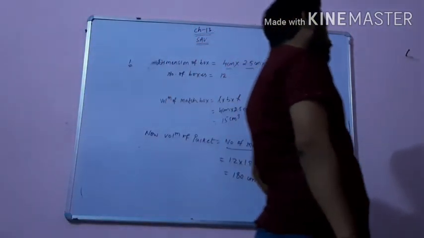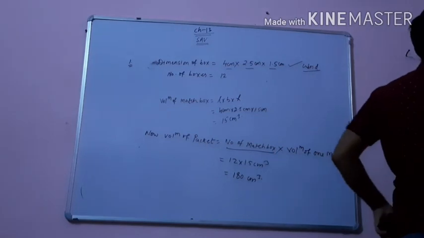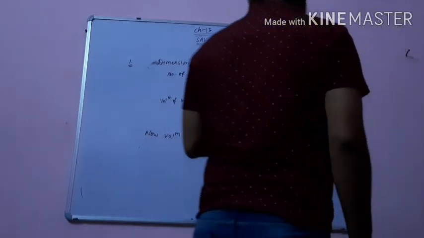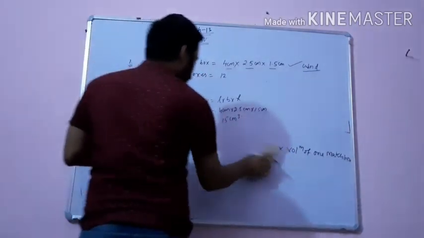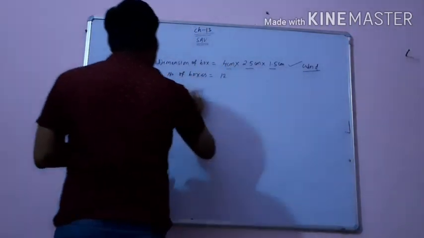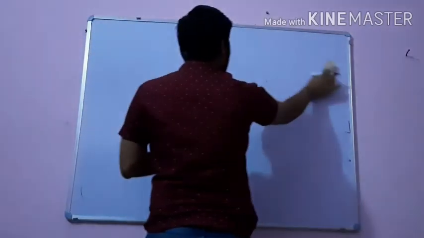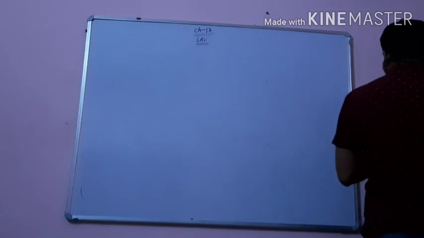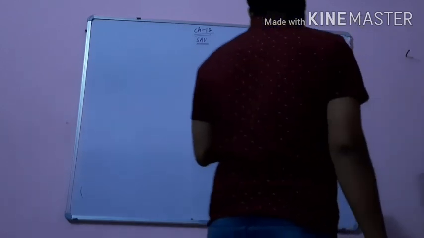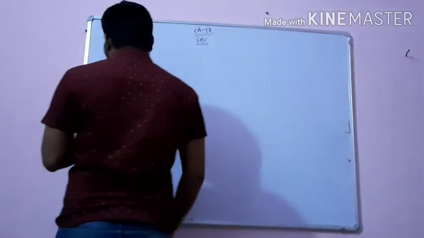Now moving to the next question. Question number 2. Question number 2 is a cuboid water tank that is 6 meter long, 5 meter wide and 4.5 meter deep.